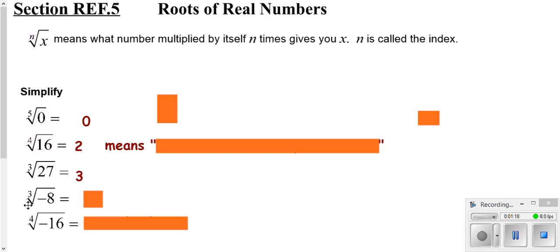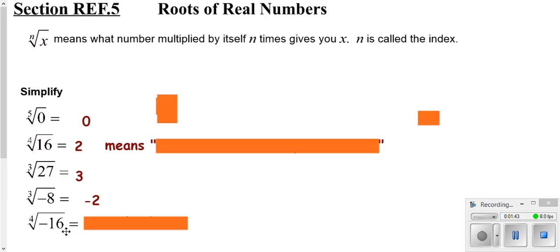This one would mean what number times itself 3 times gives you a negative 8, and that is a negative 2. The bottom one here, what number multiplied by itself 4 times is negative 16? Some of you might think it's negative 2, but let's check. A negative 2 times a negative 2 is 4. Times your third negative 2 is negative 8.